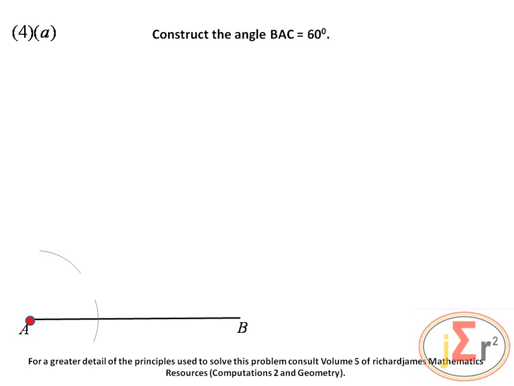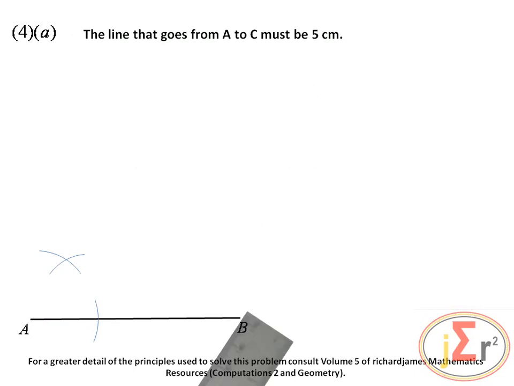Of course, we are going to remove the point to where the arc crosses the line AB. And of course, without changing the compass, we make another arc. So, do not forget that the line that goes from A to C must be 5 centimeters long.